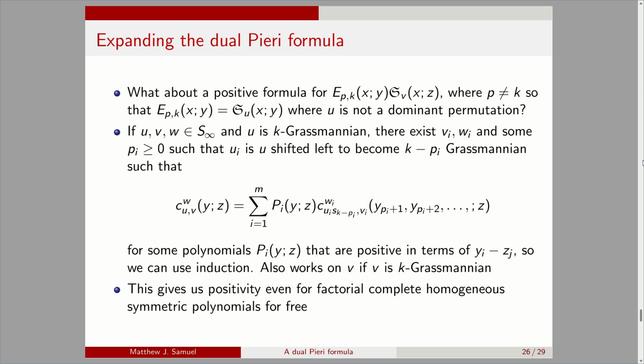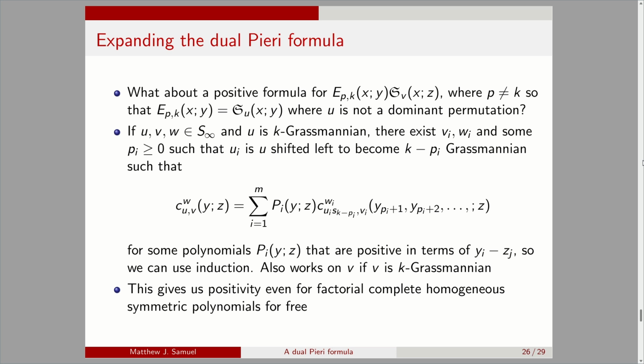So if u, v, and w are in S infinity, and u is k Grassmannian, then there exist vi, wi, and some pi greater than or equal to 0, such that ui is u shifted left to become k minus pi Grassmannian, such that we have this expression of c^u_{v,w}(y,z) as a sum over these ui, vi, and wi of a polynomial pi of yz that is positive in terms of yi minus cj, and this smaller coefficient on which we can use induction.